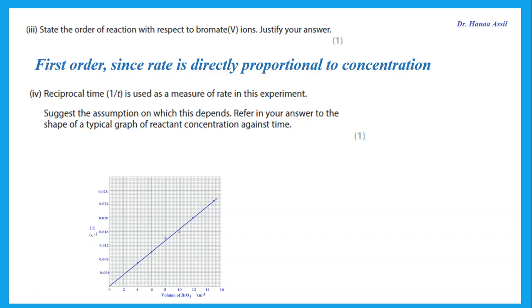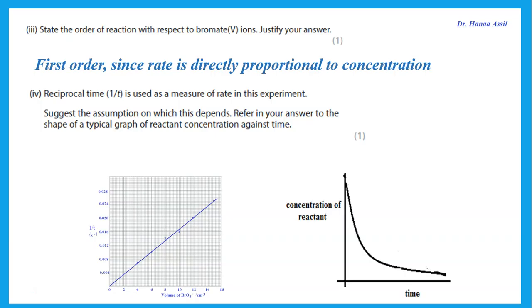Now, reciprocal time, or 1/t, is used as a measure of rate. So just the assumption on which this depends, refer in your answer to the shape of a typical graph of reactant concentration against time. Now, the typical graph of concentration versus time would be this. Concentration decreases with time.